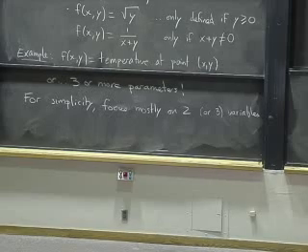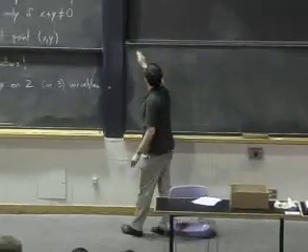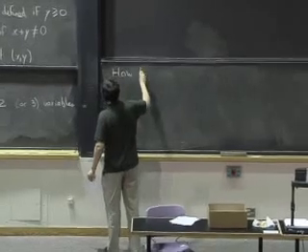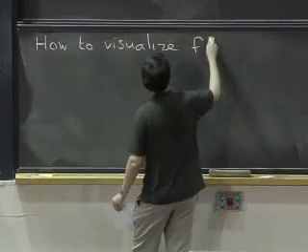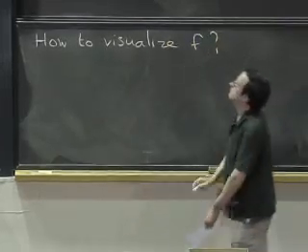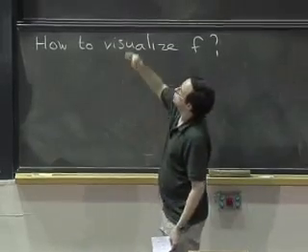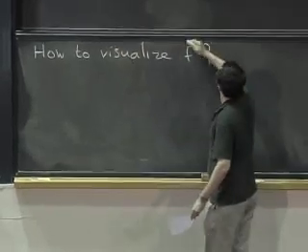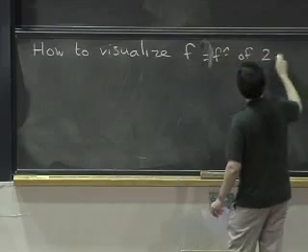Okay, so the first question is, how do we visualize a function of two variables? So the first thing we can do is try to draw the graph of f, which is a function of two variables.